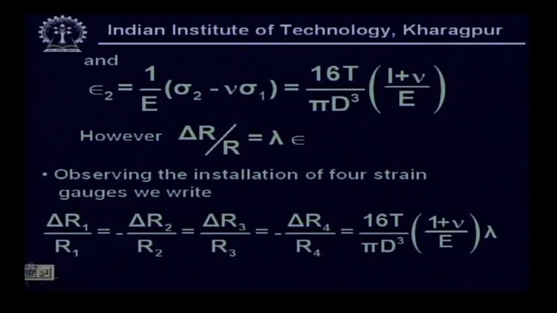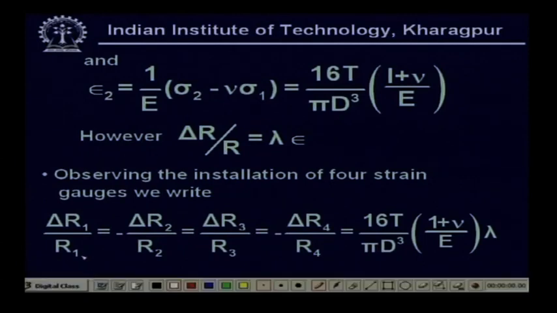So, we have written the equation delta R 1 by R 1 equal to minus delta R 2 by R 2 equal to plus delta R 3 by R 3 equal to minus delta R 4 by R 4 equal to 16 T by pi d cube multiplied by 1 plus nu by E into lambda. So, this is pi, please note it is not in the math mode. So, actually it is pi like this one.